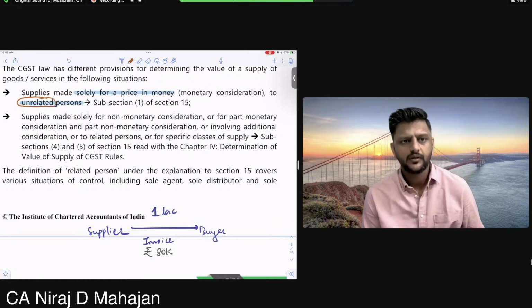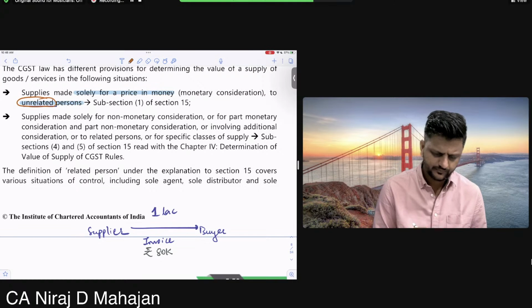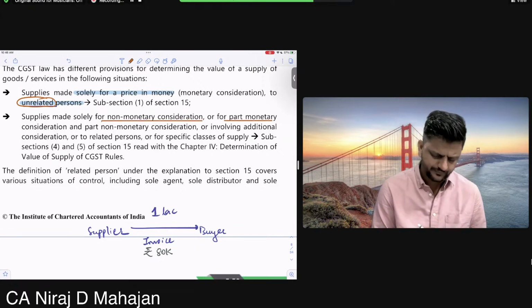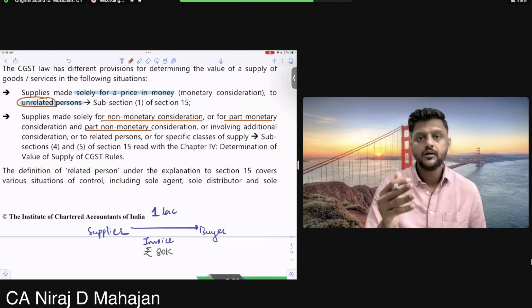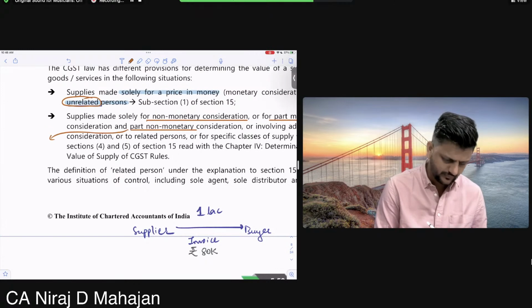Okay, but supply is made solely for non-monetary consideration, solely for non-monetary. Okay, barter, or for part monetary and part non-monetary. Your exchange, I'll write an example, bacho. Example, mobile or washing machine exchange.